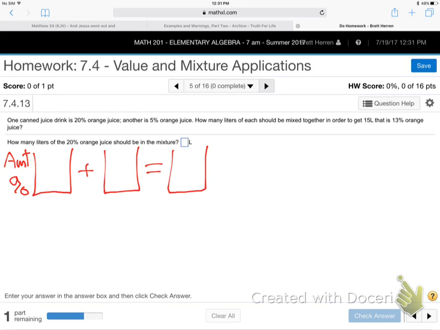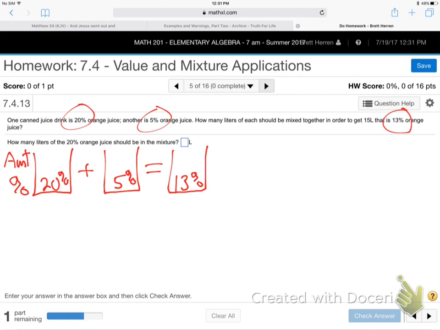Percentages in the bottom, amounts in the tops. So 20%, 5%, right? 20%, 5%, 13%.